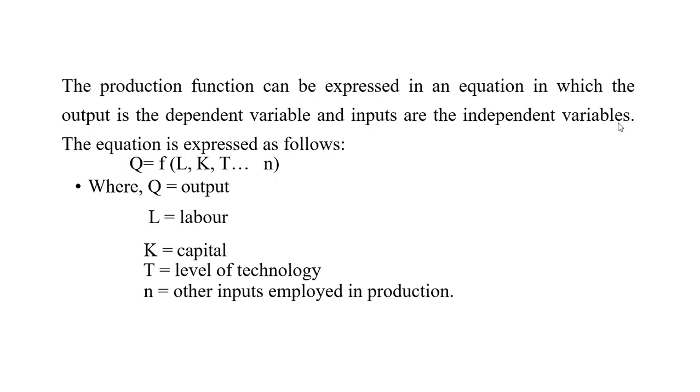So that is independent. Now why is output dependent? Because how much labor and how much capital you are going to use in the production of a good will reflect in your output. If you take 2 good labor and 3 not so good machines, let's say, so in that case what will happen?